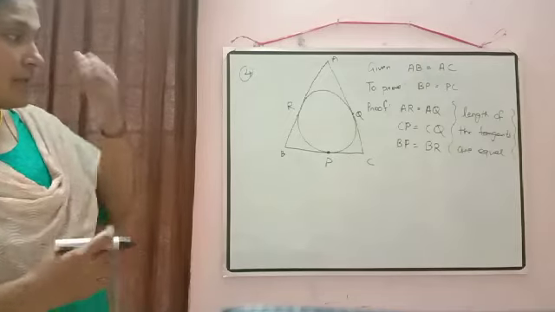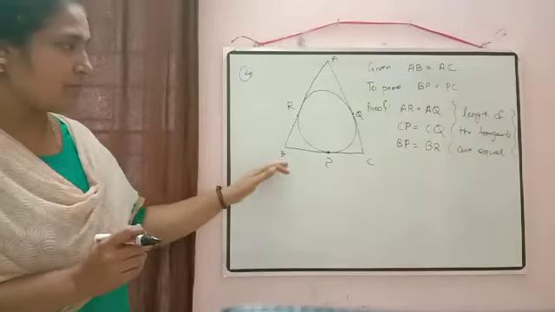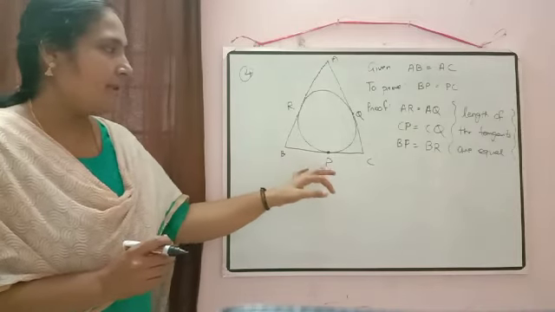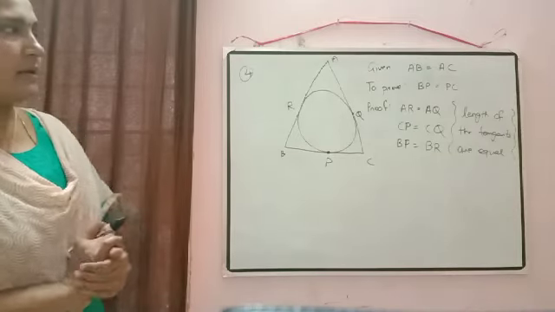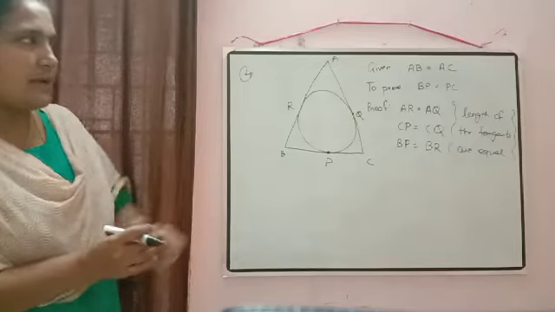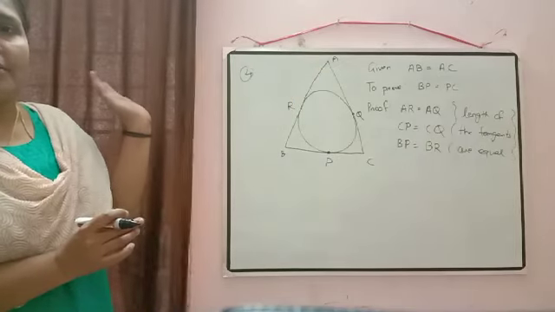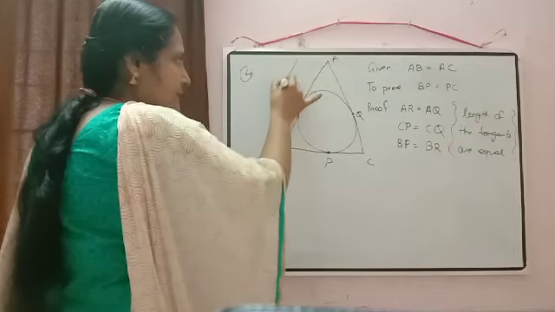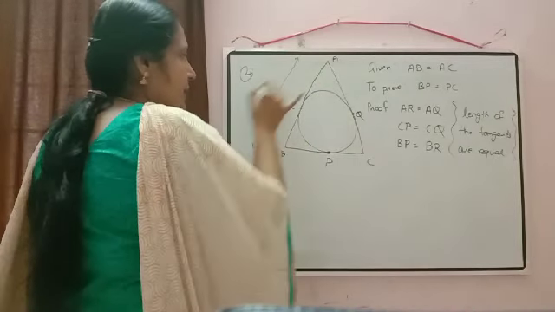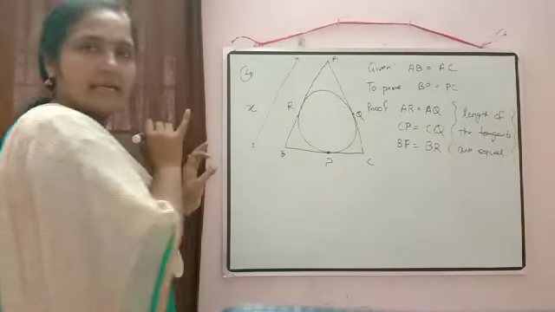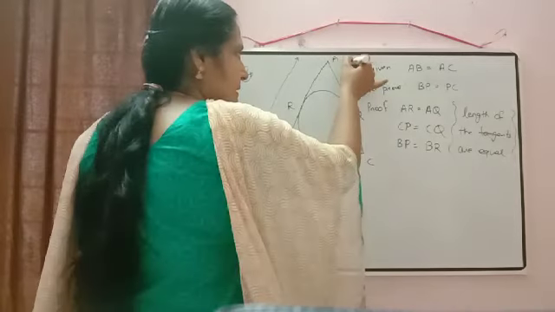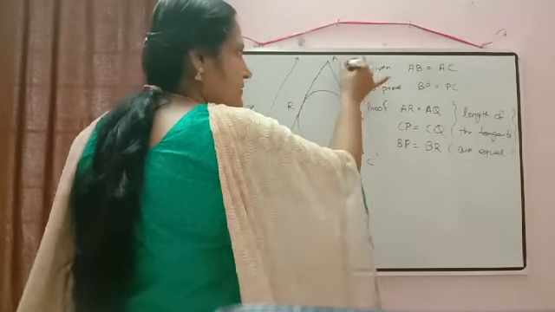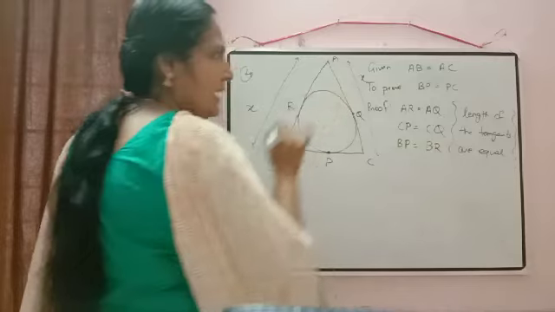Now we'll check what we have to prove there. We have to prove BP is equal to PC. Now easy way to prove this one. AB is equal to AC already given. So we will take this AB as X. Okay, AB I have taken as X. Then AC also will be equal to X only because they are equal in length there.